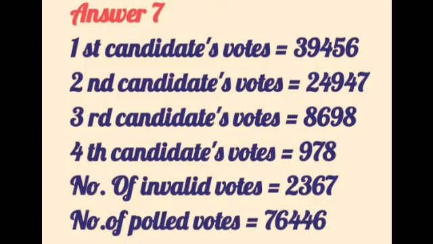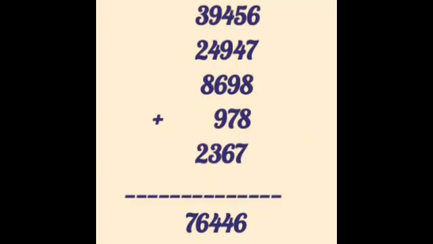First candidate's votes, second candidate's votes, third candidate's votes, fourth candidate's votes, and the number of invalid votes. So the total number of polled votes is 76,446. Here you can see I have arranged all the five numbers and added. Write down in your copy and try to do the addition by yourself.